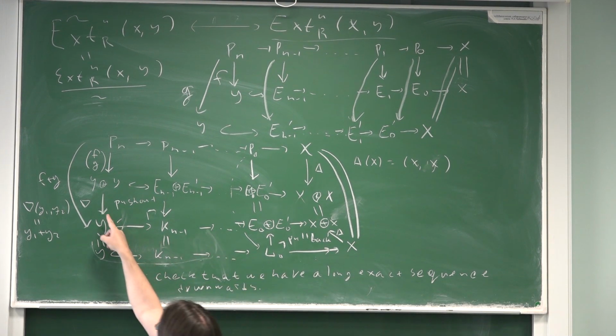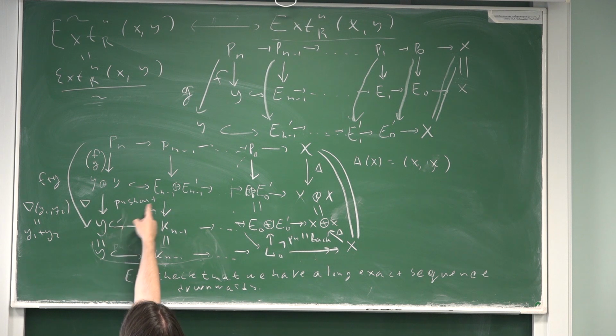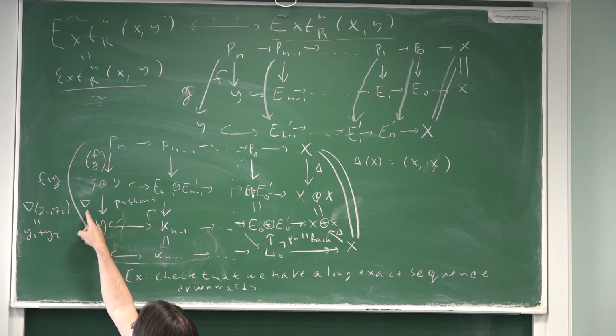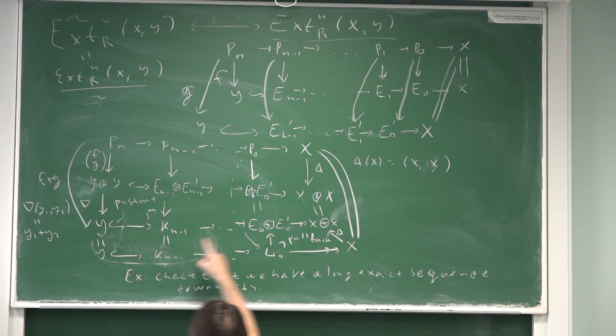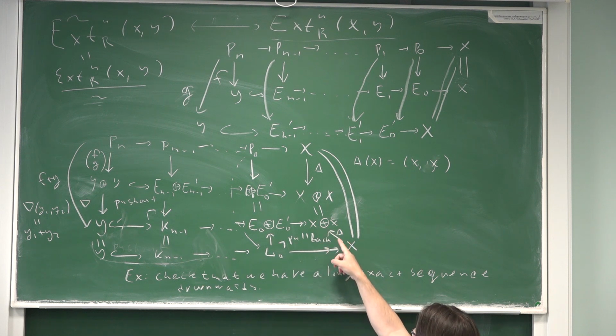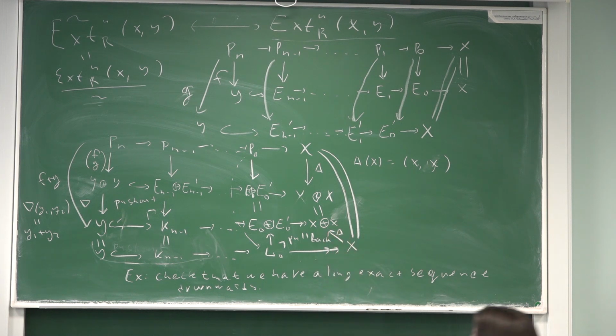Then on one end we apply the push-out construction with the codiagonal map, and on the other end we apply the pullback construction using the diagonal map and get the required extension of x by y.